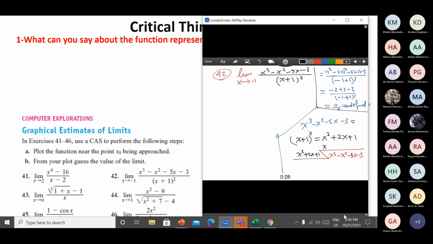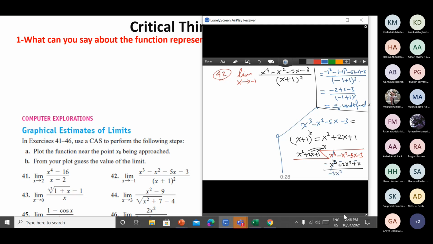Is x, and then you multiply it here, so you have x cubed plus 2x squared plus x, and then you subtract, or you change the sign. If you don't like to subtract, you just add after changing the sign. So this one will be cancelled out. You have minus 2x squared and a minus, so you have minus 3x squared.